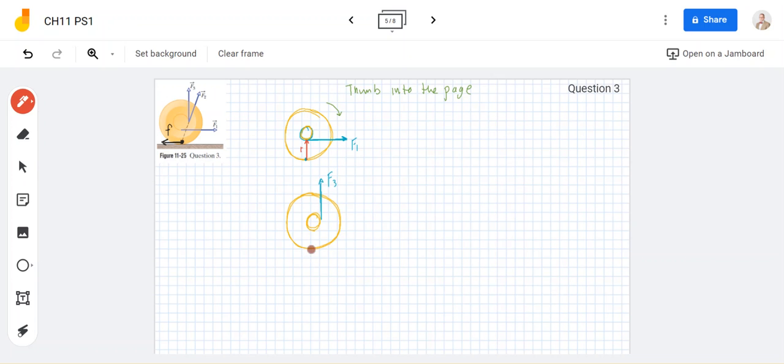So again, we're still using this pivot point here. So this time, if we point our fingers in the direction of R and curl them toward F3, we're going to notice that the thumb points out of the page. Therefore, it's going to rotate this way because that's the way you curl your fingers.